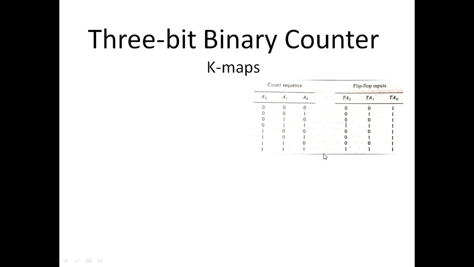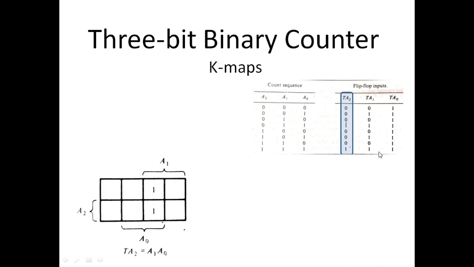Here we have the same excitation table. These are the output columns. Even though they are labeled as flip-flop inputs, they are in fact the outputs that you would like to create and then connect to the inputs of the flip-flop. Here is the K-map for the TA2 Boolean variable.